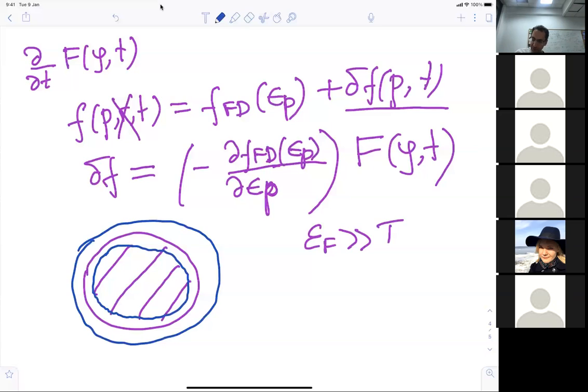Now, if the electric field is time independent, that's the only thing that we have here. But if the electric field is time dependent, we need to include time dependence in the parameterization F. So in other words, the deviation of the distribution function from Fermi-Dirac type equilibrium is also time dependent.